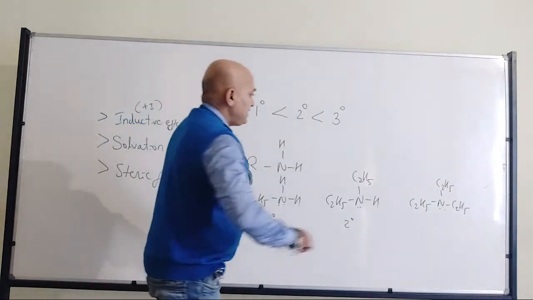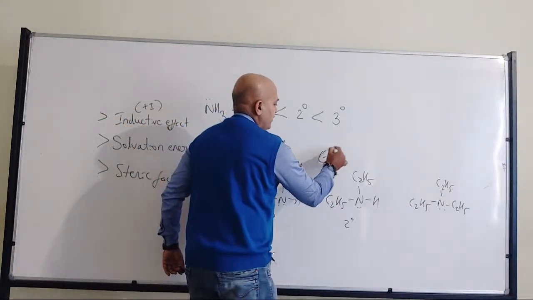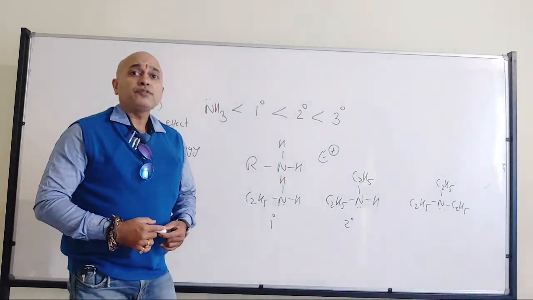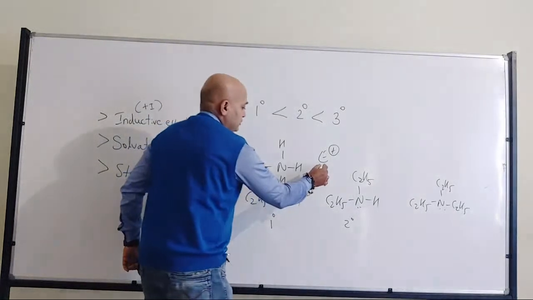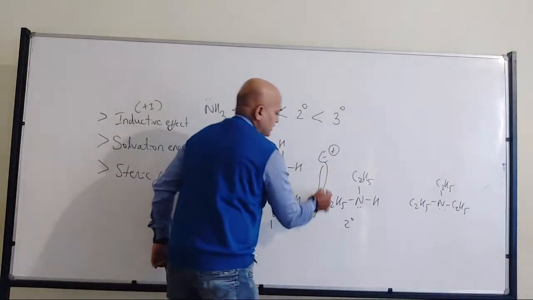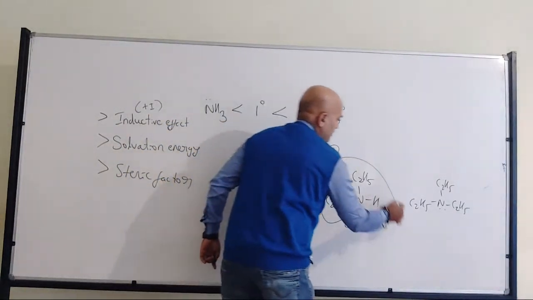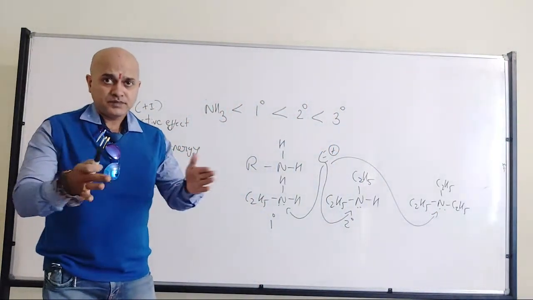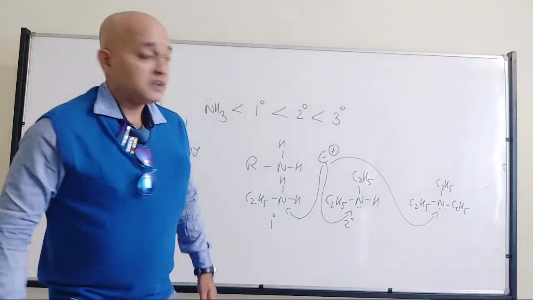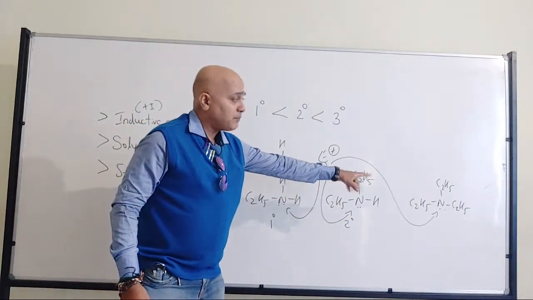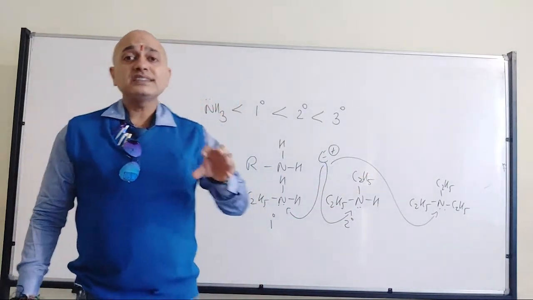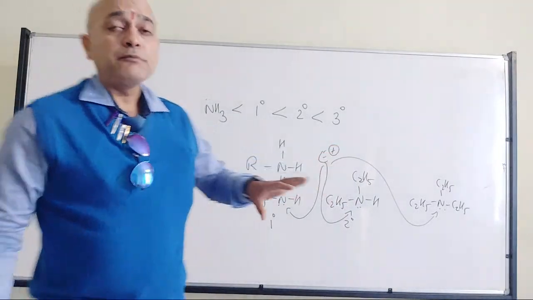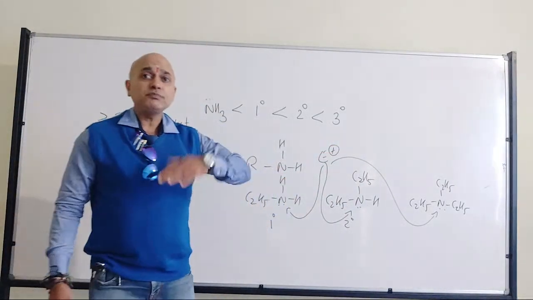Now we will imagine we have an electrophile. For this electrophile to enter into this location, it requires some space. But when it comes to tertiary amines, that space is less. Please remember, here I have written on the board, but in reality, it will be 3D.